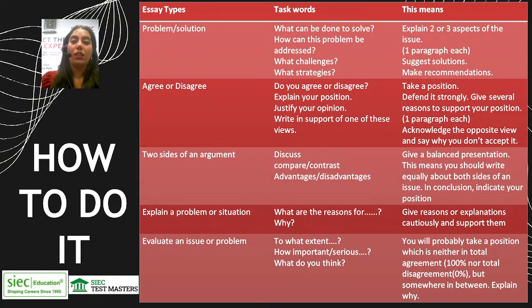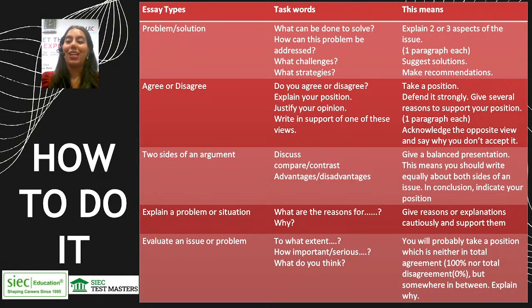The other way of asking is, how can this problem be addressed? Again, there is a mention of a problem, and then there is the wanting of a solution. Or, what challenges, what strategies would you give? Again, there is a mention of the problem.